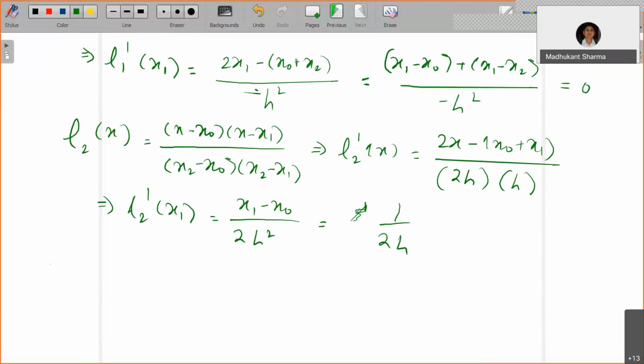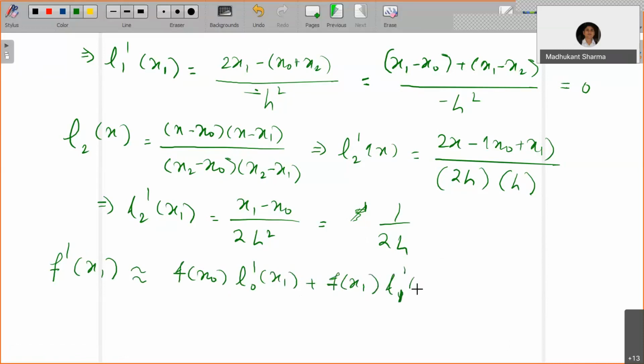So f dash at x1 is going to be approximated by f of x0 times L0 dash at x1 plus f at x1 times L1 dash at x1 plus f at x2 times L2 dash at x1.